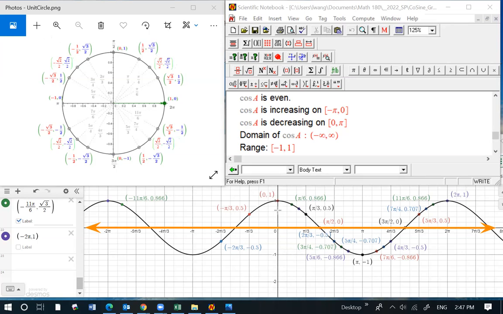The range, you can see the entire curve. It bounces up and down, down, up. But it doesn't go beyond 1. It doesn't go beneath -1. So it's bouncing between -1 and +1.